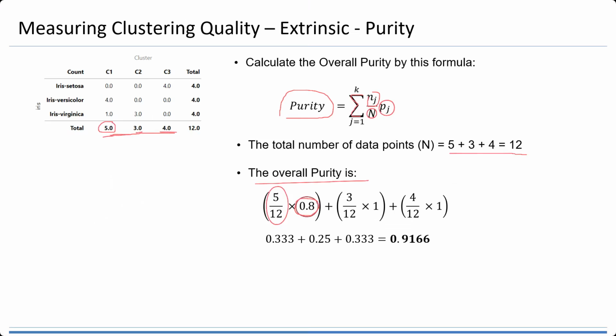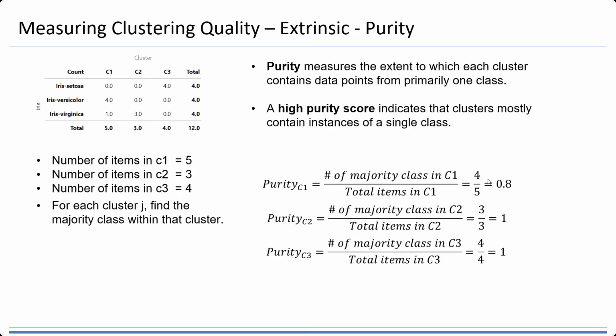This is the purity of C1. 1 is the purity of C2, and 1 is the purity of C3.